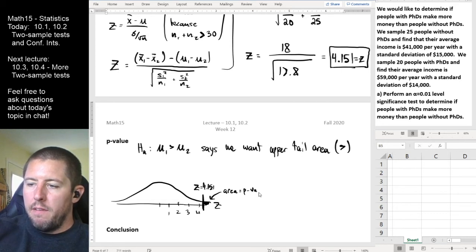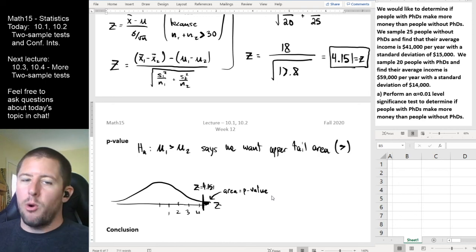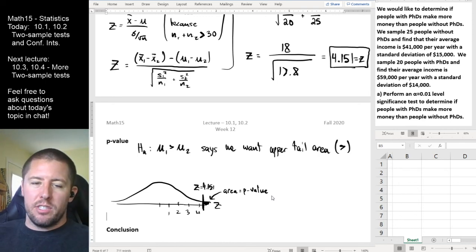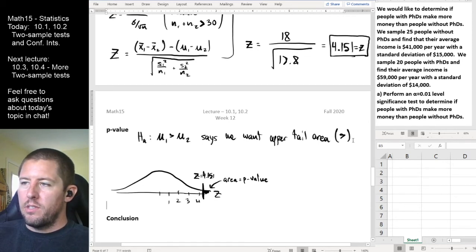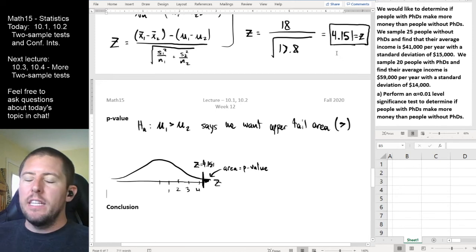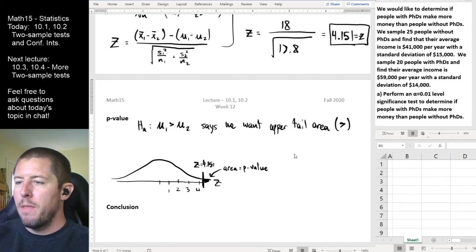Remember that our p-value is measuring the probability that we would take another sample, or another two samples in this case, and see an event that's at least as extreme as the one that we've already seen. So that would be seeing an event that has at least 4.151 standard deviations above average. It's going to be a very small probability here. So we can compute the probability that z is greater than 4.151.